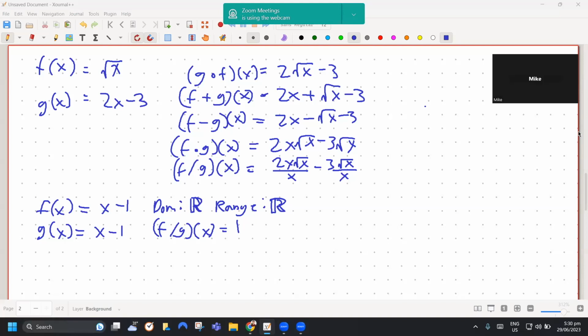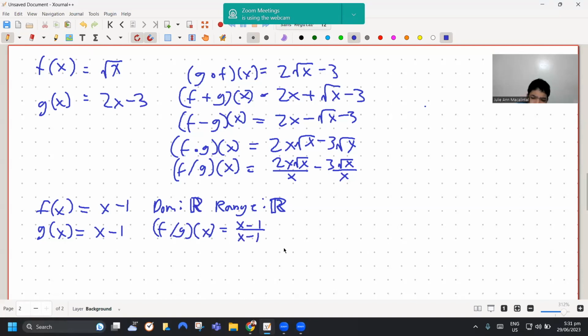So what's the function f over g? It's not 1. Kasi ang definition niyan ay evaluate the function f divided by evaluate the function at g. So, ano domain nung f over g? Everything except 1.